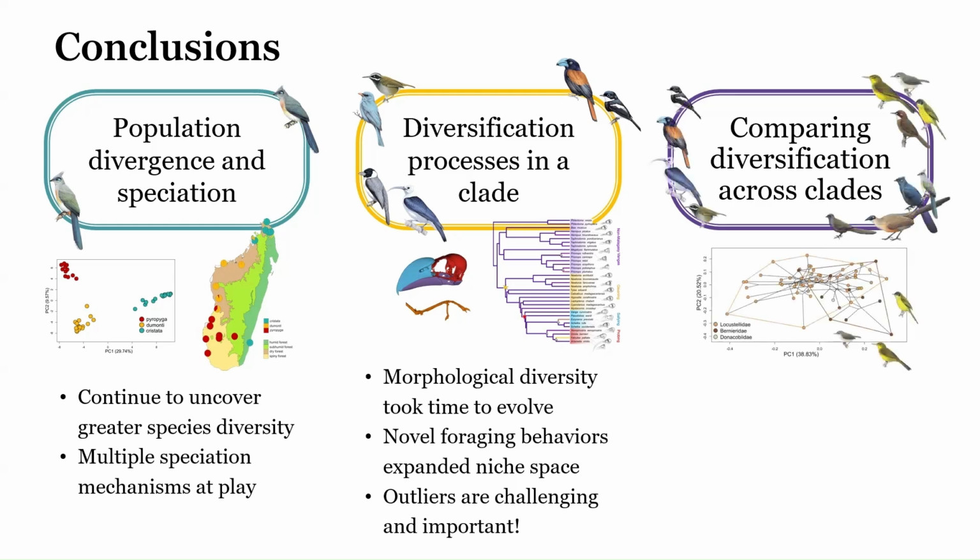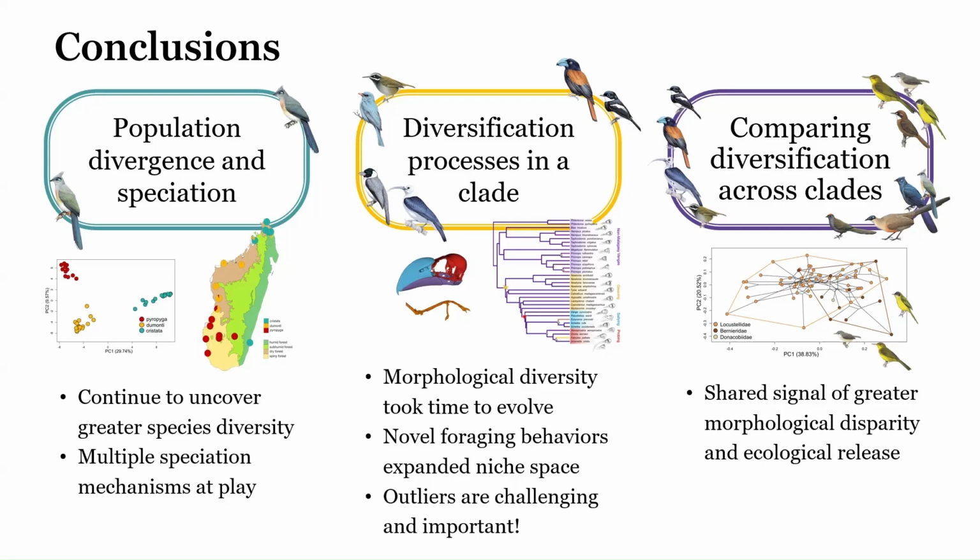And then finally, I compared morphological diversification across the three clades of Vangas, tetrakas, and kuas. I found lots of different patterns of morphological diversity, different amounts and different types compared to their relatives. It did seem like there were some shared patterns in terms of evolving greater disparity and the signal of ecological release.